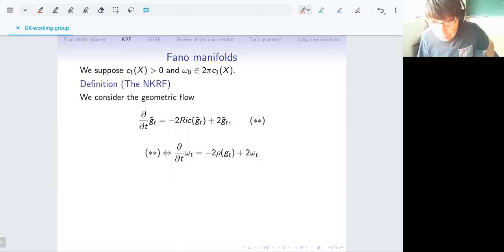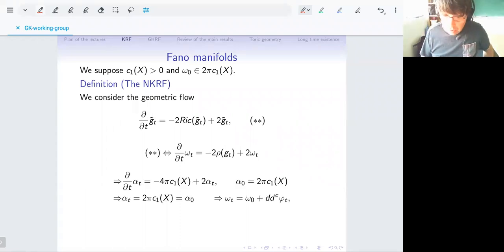So the corresponding flow will be a flow for 1-1 forms, which will be of this form, and we know already, because of the local properties, that this will be a flow of Kähler metrics. And now we will do the same trick. We will consider the Dolbeault classes in this relation, and we will see what happens with the cohomological obstruction for long time existence.